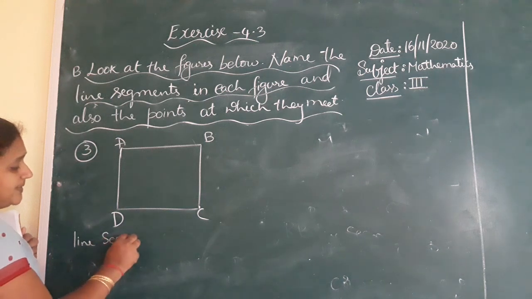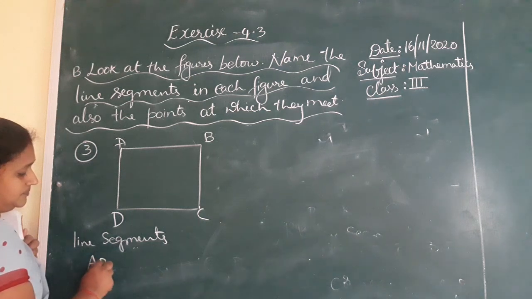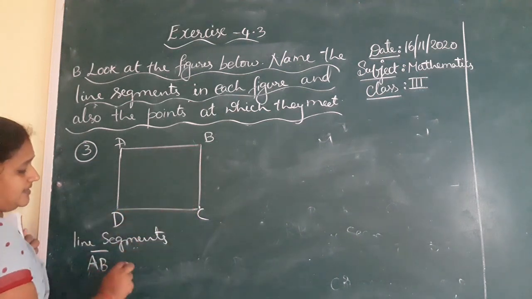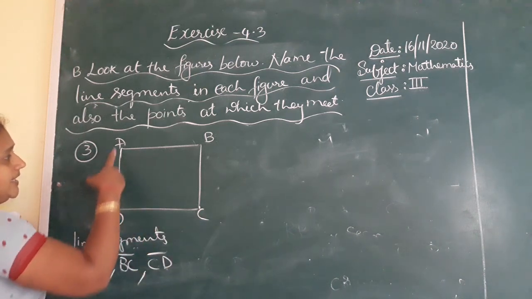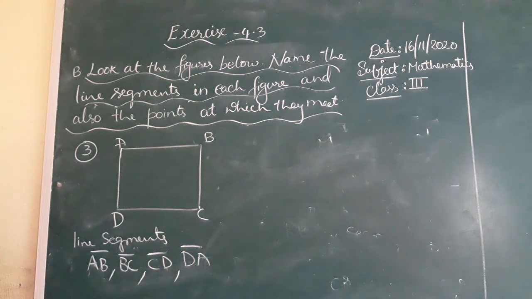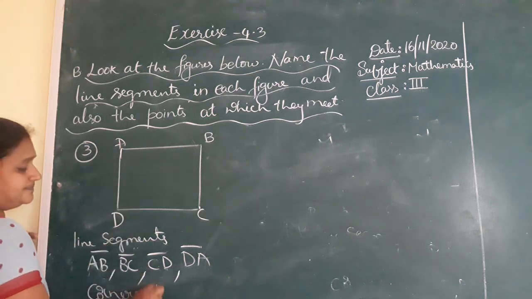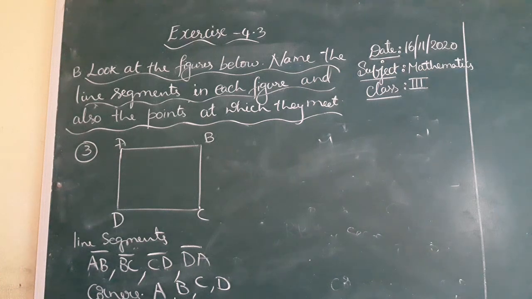What line segments are there? AB, next BC, next CD, and then DA. These are the line segments, and they are asking us to write the corners. Here, corner means where two lines meet. What are the corners here? A, B, C, D. 4 edge points. That means corner points. We have to write them as corners.